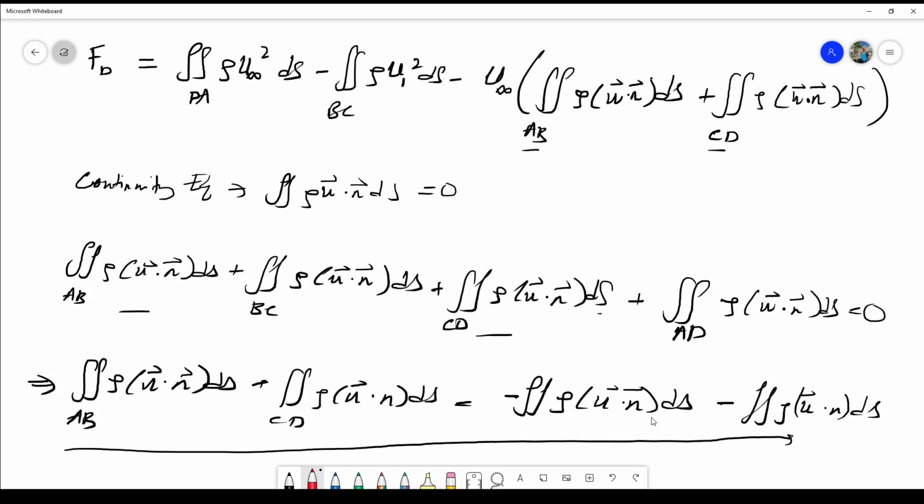But on the surface DA, we know that u·n is equivalent to negative u infinity, so negative and negative cancel out. We have the contributions from the surface BC here, which is at the outlet, and DA here. So the u·n at the outlet is u_i.